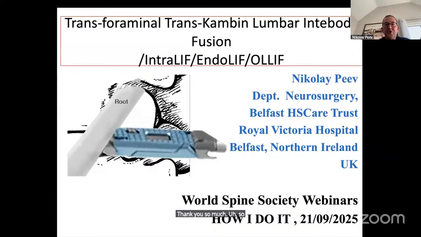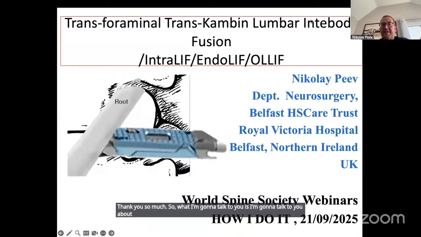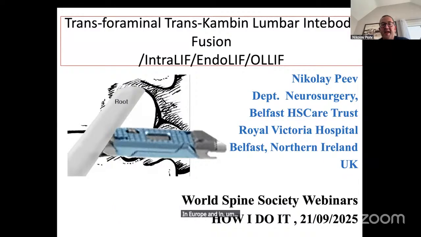What I'm going to talk to you about is this relatively new technique that is gaining speed in Europe and in the States. Because it's relatively new, it still hasn't found a definitive name.